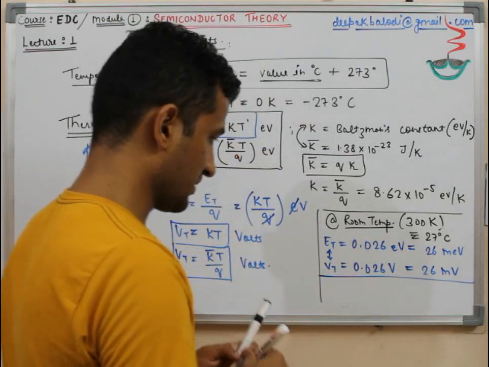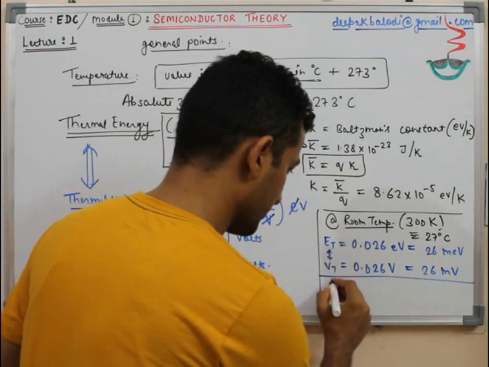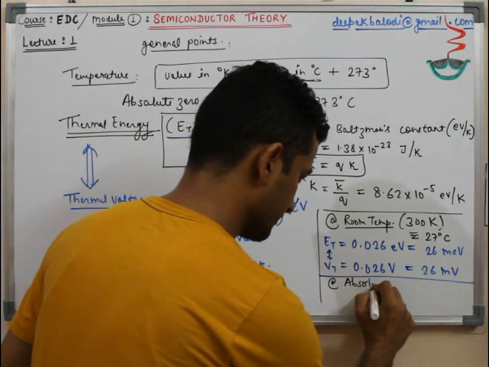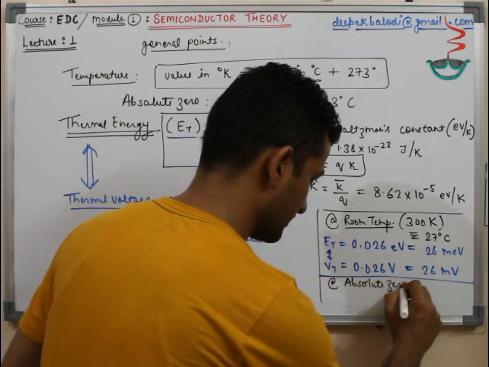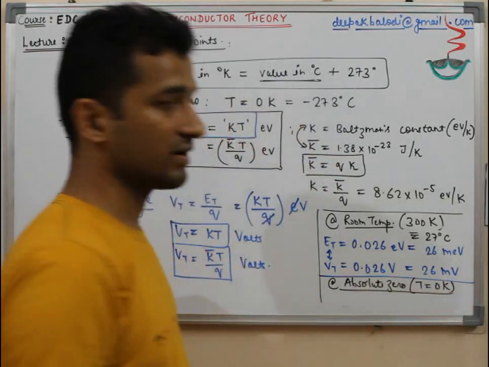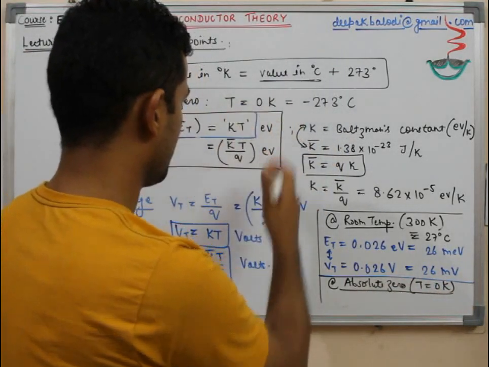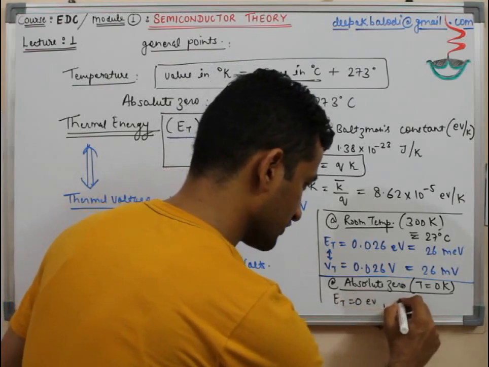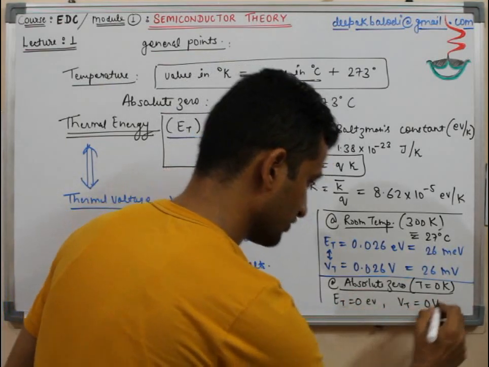Similarly, if we find both the values at absolute 0, meaning at T equals 0 Kelvin, then it is very simple to find that either it is ET, which is 0 electron volts, or it is VT, which corresponds to 0 volts.